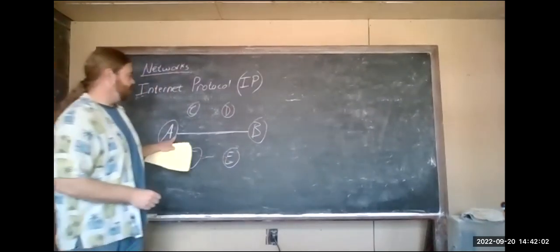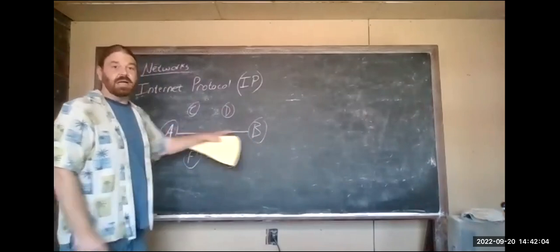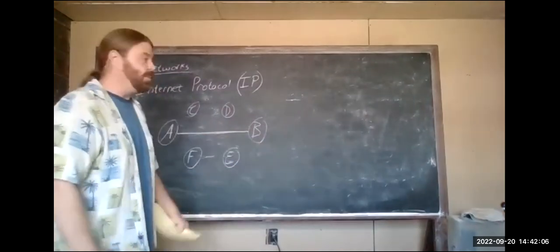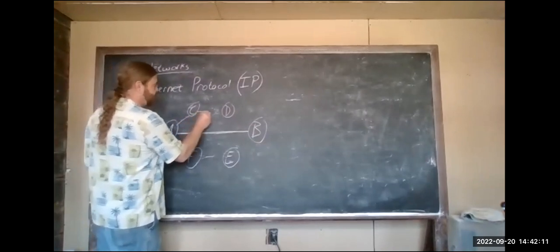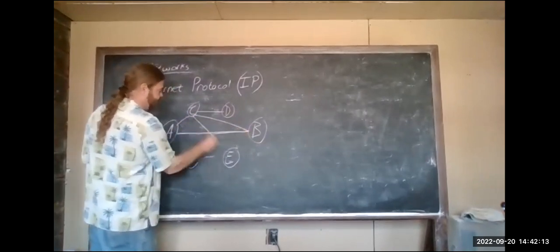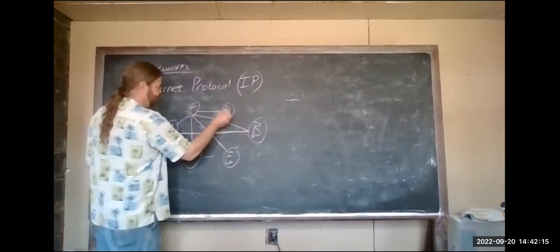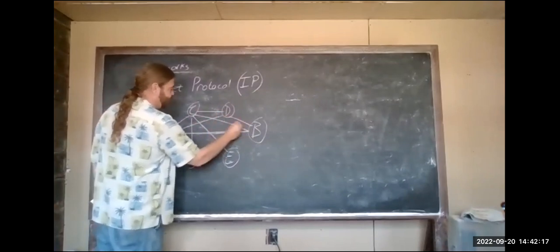And along with that communication channel between A and B, the one we actually want to make, there's also these other communication channels. Site C is going to be connected to everything. Site D is going to be connected to every other site.